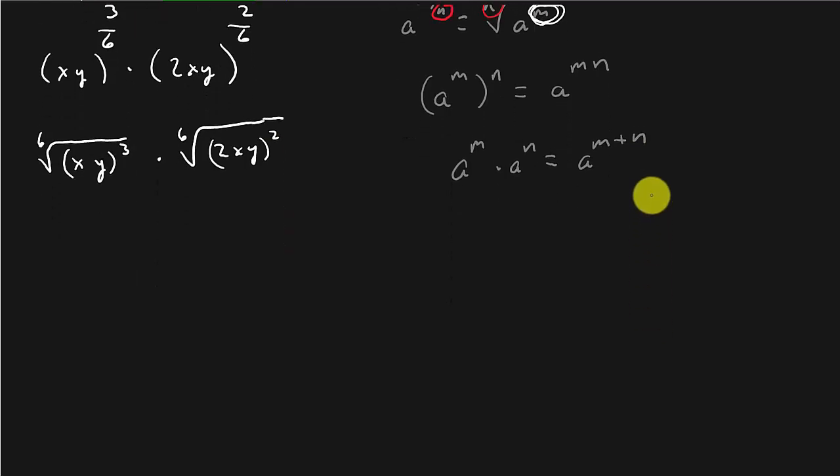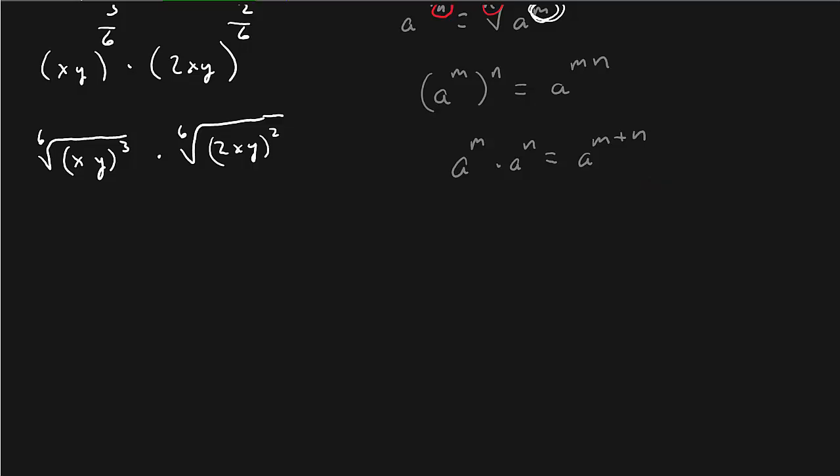All right, so we have another property here that we've got to use. Remember, if we have a times b raised to the n, that's equal to a to the n times b to the n. You raise each factor here to this exponent out here. So the x and the y both get raised to the 3rd power.